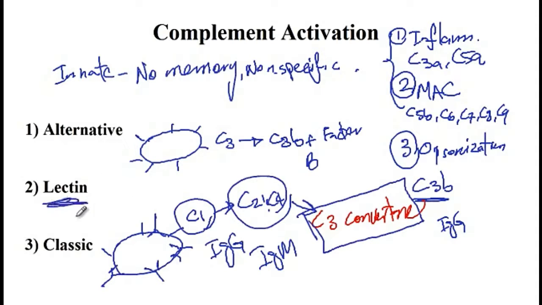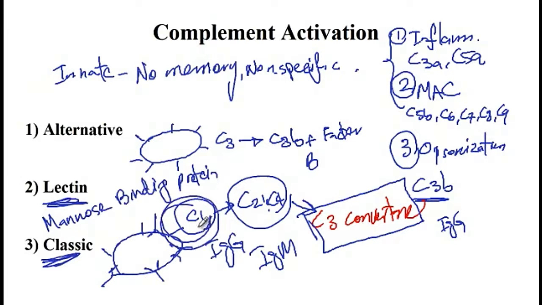And finally, lectin, also known as mannose binding protein, will act through a pathway similar to the classic pathway, except that the lectin or mannose binding protein will bind to the sugars that are present on the surface of the pathogens, and then it will activate a molecule that is similar to C1, and then again through a similar pathway it activates the C3 convertase.